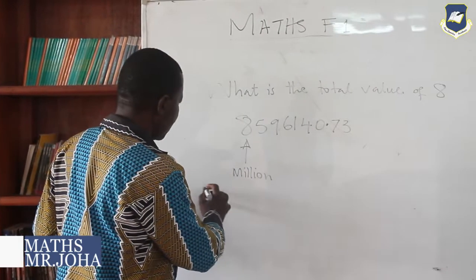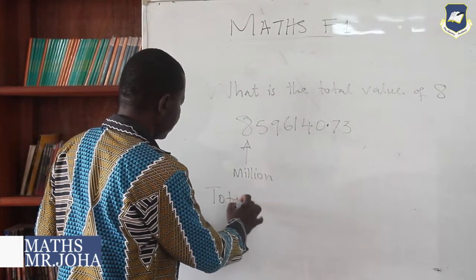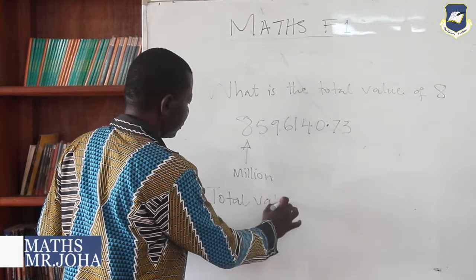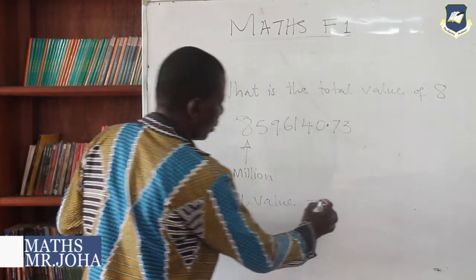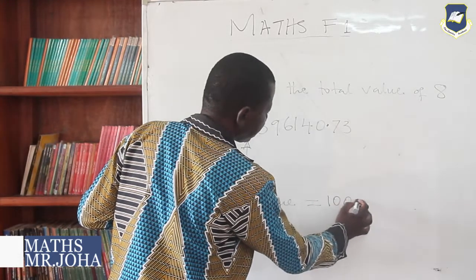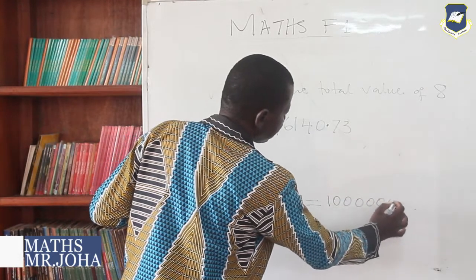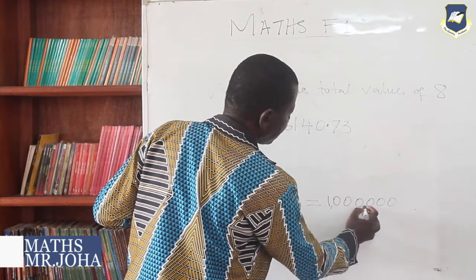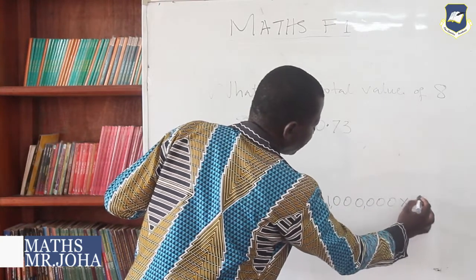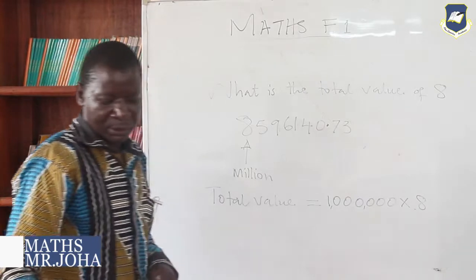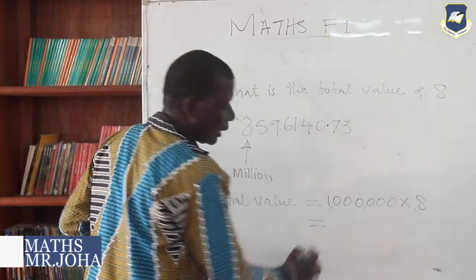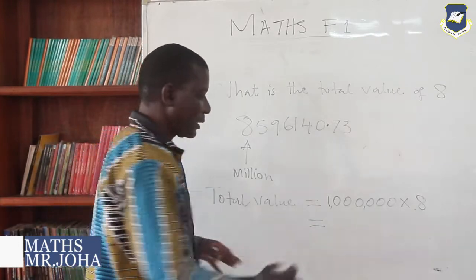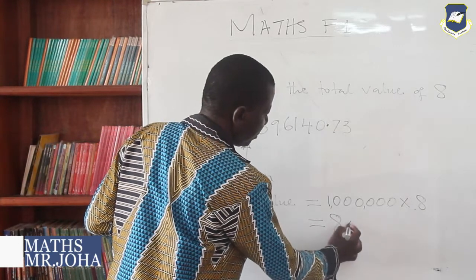So the total value is 1 million multiplied by 8, and this is simply going to give us 8 million.